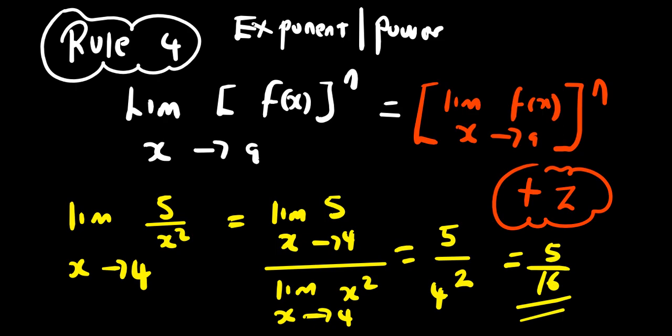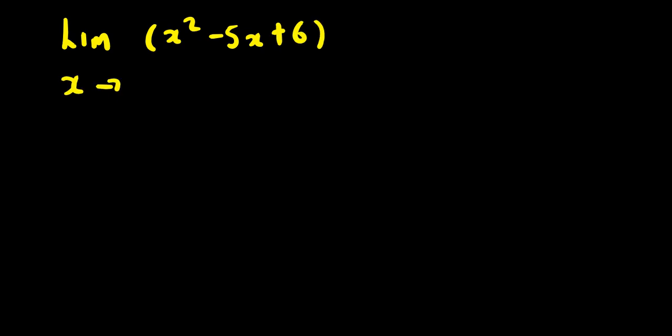Now what if you combine operations? Let's say you have the limit of x squared minus 5x plus 6 as x is approaching 3. So how are you going to solve this one? You're going to separate.